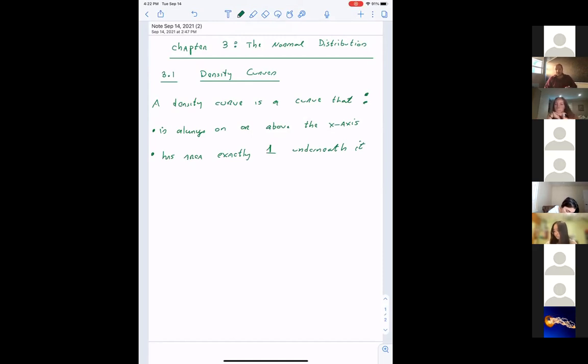Or if you don't want to answer that one, why do you feel that a density curve has to have an area of 1 exactly underneath it? Give me a reason why you feel either one of those should be a true statement.